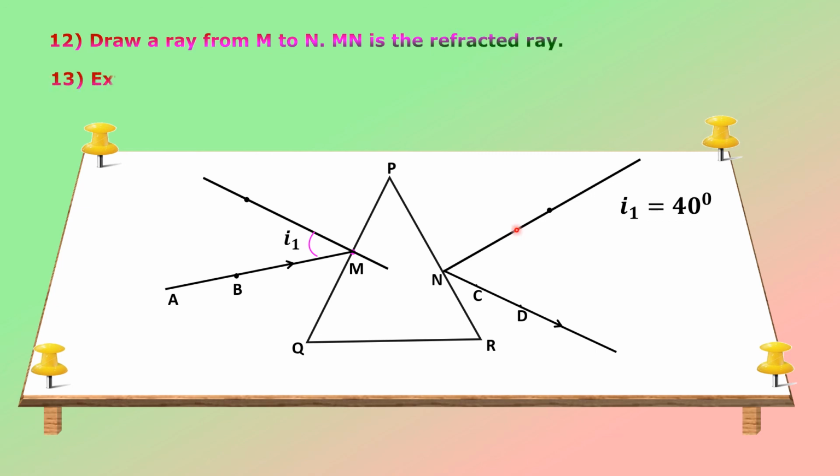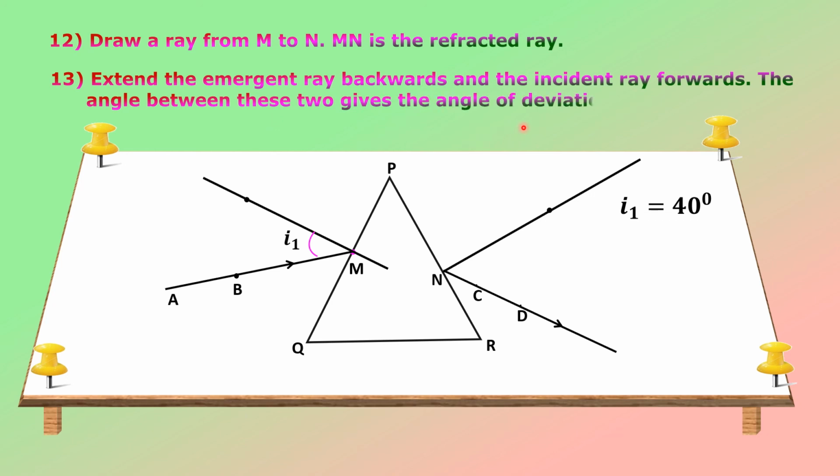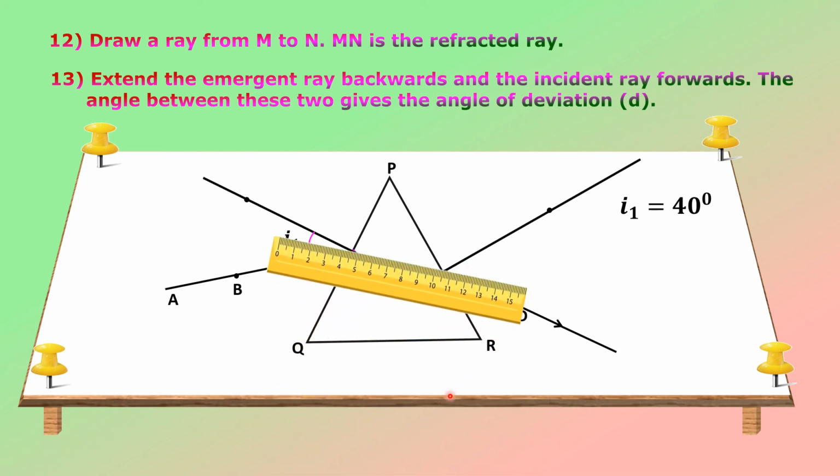Draw it first, or extend the emergent ray backwards and the incident ray forwards. The angle between these two gives the angle of deviation. So first I am drawing a ray from M to N. Okay.